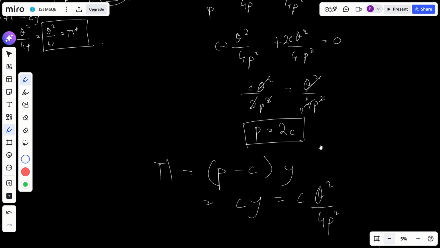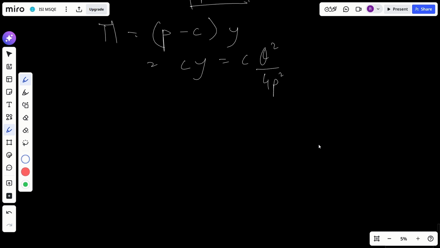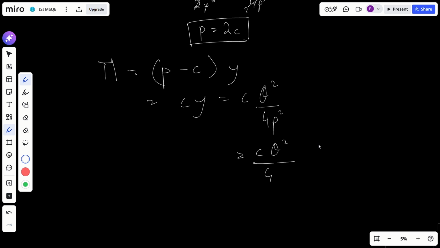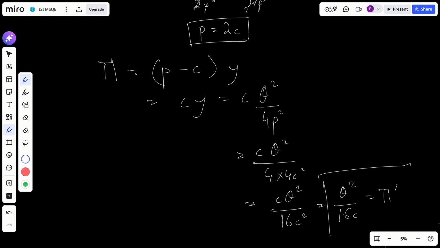So theta square by 4p square, right? Since our p is equal to 2c, our p square will be equal to 4c square. So this becomes c theta square by 16c square, or theta square by 16c as our profit in this case.